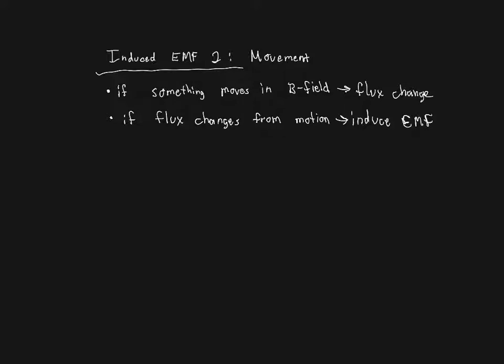And we can quantify this with an equation as well. So this is a process called motional EMF. And it's defined as E is equal to B times L times V, where E is your EMF, or your voltage that you create, the potential that you create.